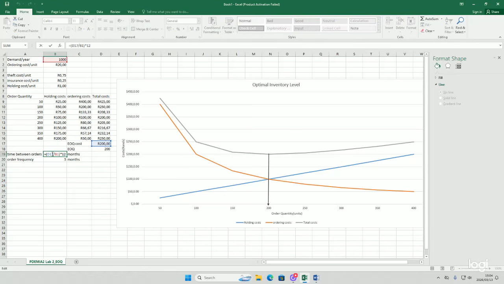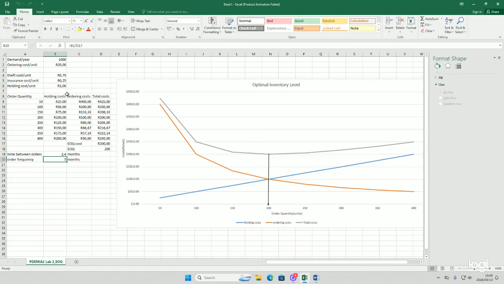I will see that you have used your demand, which is yearly, and then multiplied by 12 to get the number of months for your time between orders. Make sure that it's in months. You are measuring the average duration between consecutive purchases.